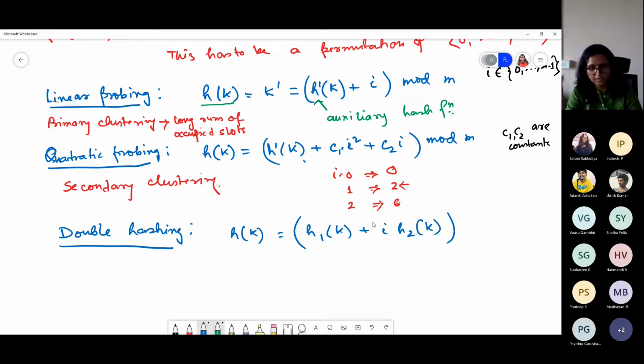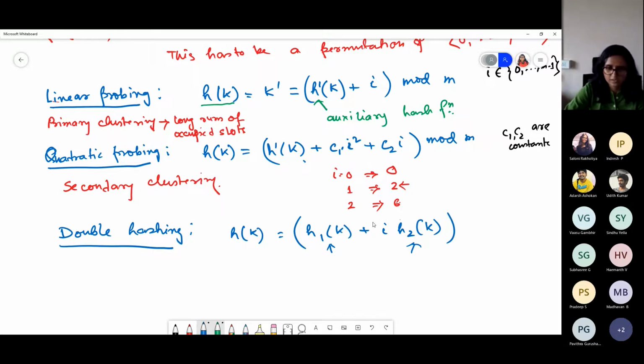Then that might be a random number, because both of these h1 and h2 are supposed to be random number generators. So here the distribution of the key values over the slots will be almost random and almost ideal to the situation.